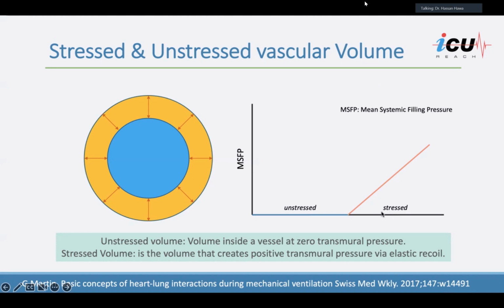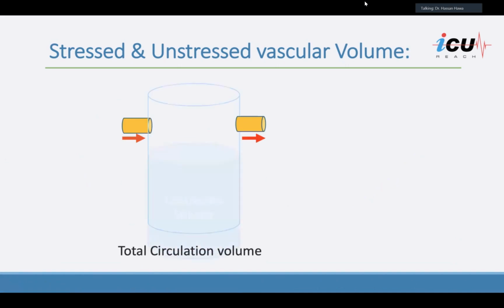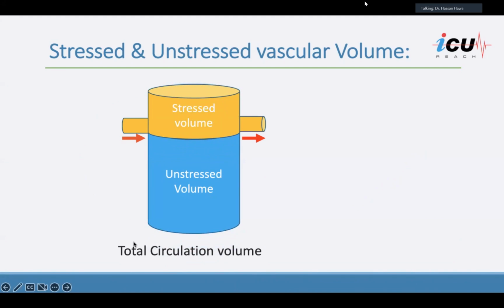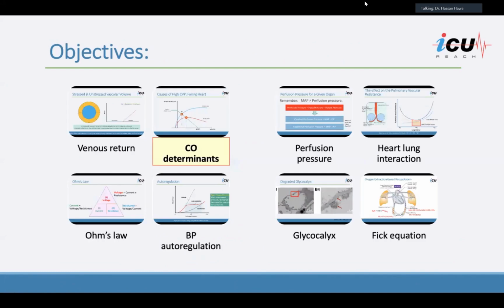However, as soon as you reach the stressed vascular volume, this will start impacting the mean systemic filling pressure. You can imagine it like a tank with two compartments. The blue-colored one is the unstressed volume, the dormant volume sitting there, if you like, as a reserve. And then the mean systemic filling pressure is being exerted by the stressed volume.